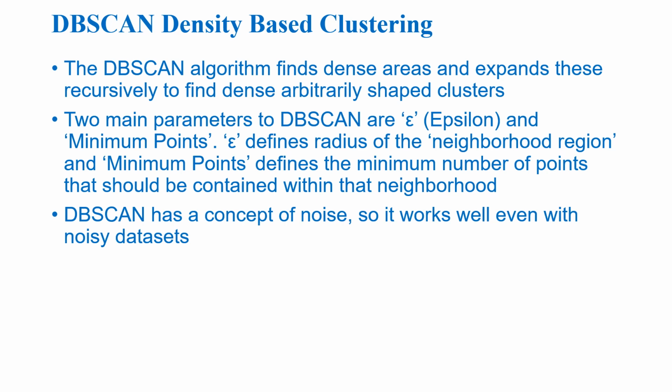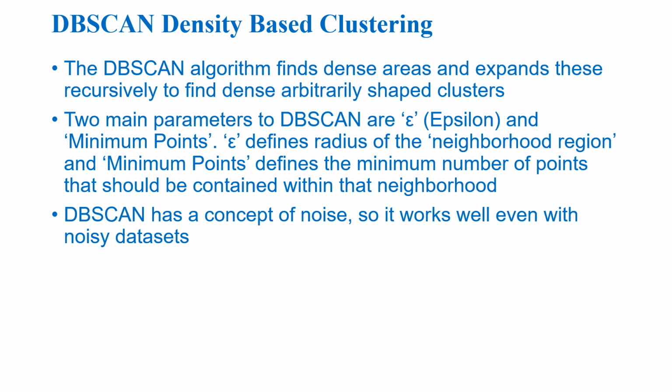And then you define minimum points, okay? And minimum points is how many points you need to have to get a cluster. So epsilon defines the radius of the neighborhood region, and minimum points defines the minimum number of points that should be contained within the neighborhood.